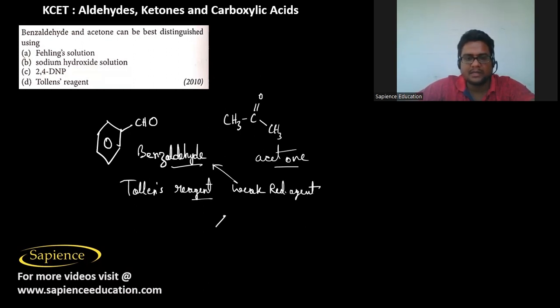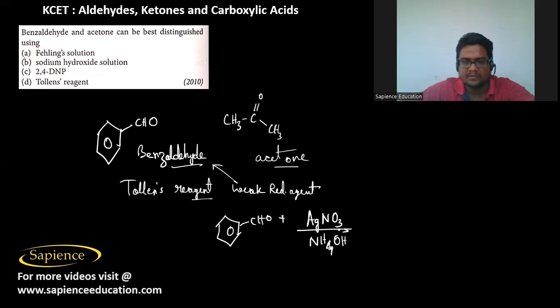So it can reduce the Tollens solution, which is ammoniacal silver nitrate solution. Ammoniacal silver nitrate solution is AgNO3 and NH4OH.